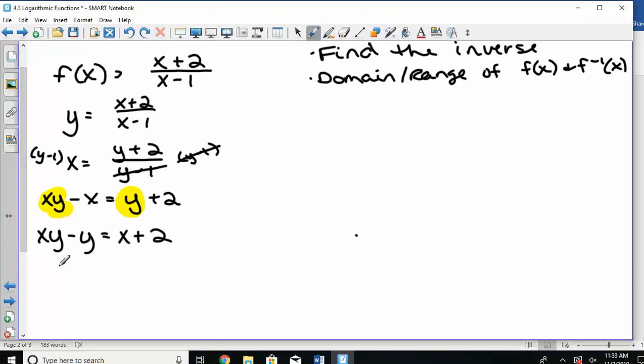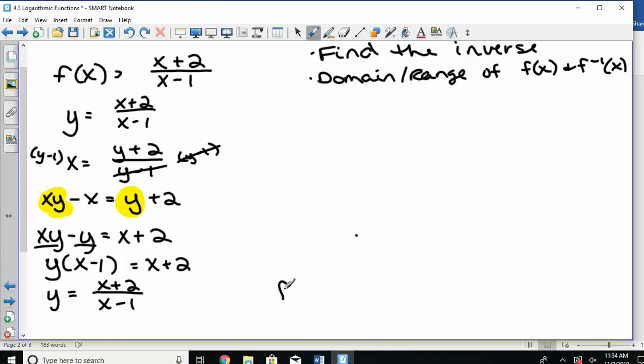Then what would we do? Can't do that yet. 2 terms, what do they both have in them? You have to pull out that y. When you do, you're left with x minus 1. So we have y equals x plus 2 over x minus 1.